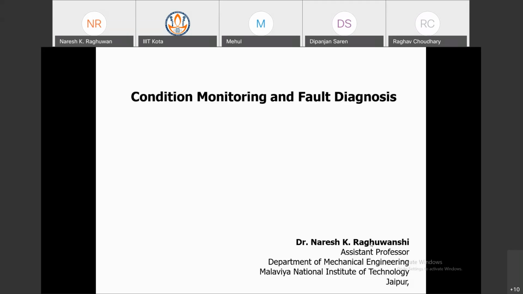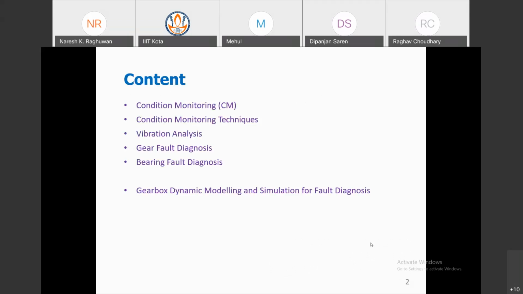Mechanical machinery generally combines gears and bearings, and these are the main elements where faults occur. In electrical machines, current signature analysis is also done in the field. So the focus is mainly on fault diagnosis for mechanical machinery like rotating machinery. The bearings and gears you will see mainly in the next slide.